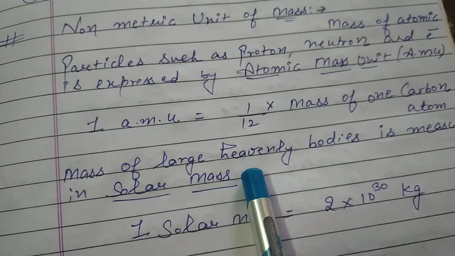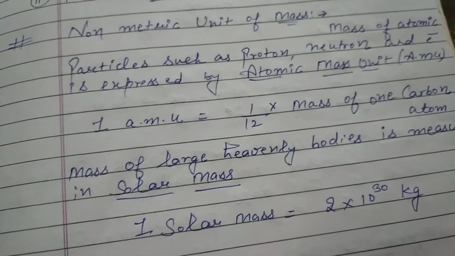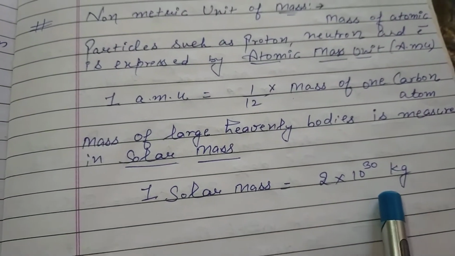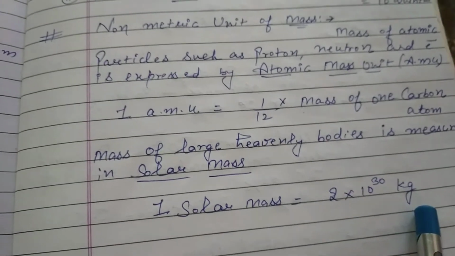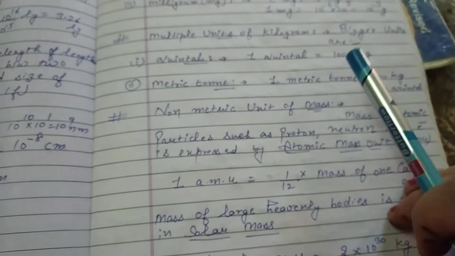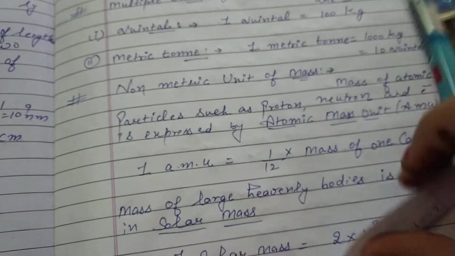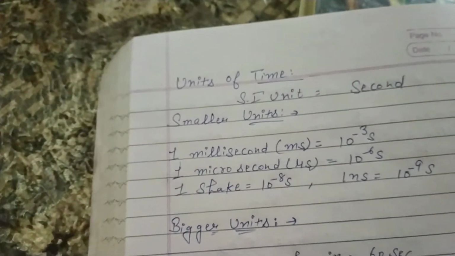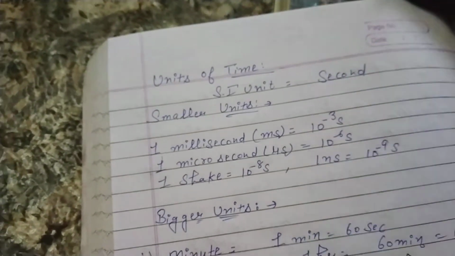This is also a non-metric, bigger unit. What is the value of 1 solar mass? 1 solar mass is equal to 2 multiplied by 10 to the power 30 kg. These two are the non-metric units of mass, used for proton, neutron and electron, and also for very large or heavenly bodies.